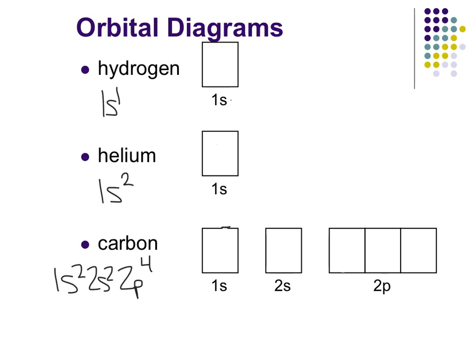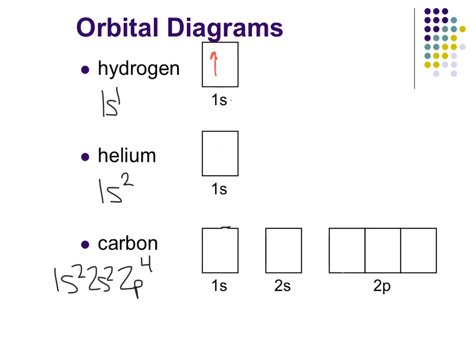For hydrogen, since the electron configuration is 1s1, I'm only drawing 1 box with the orbital of 1s. Then I'm going to put 1 electron in it by drawing 1 arrow. I usually always write up arrows first. It's always how I've seen it done in textbooks as well. But as long as you're not putting like arrows together, you should be fine.